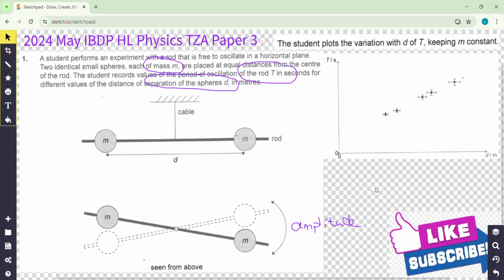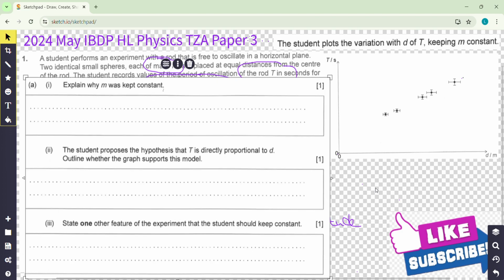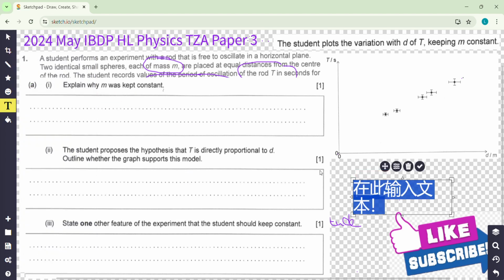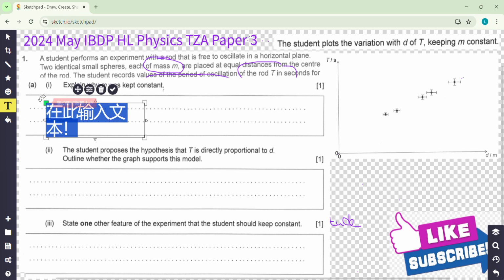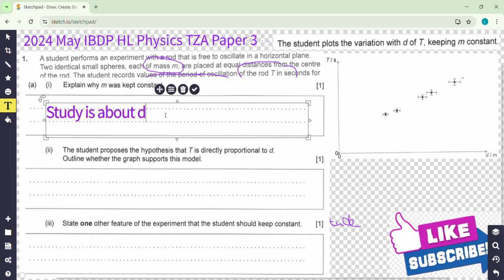So page 2 is about the questions. We do part A first. First, A1, explain why M was kept constant. Why? Because the study is about T and D, not about M. So you can say the study is about the dependence of T on D. This is important because you recognize it, you need to write it down.